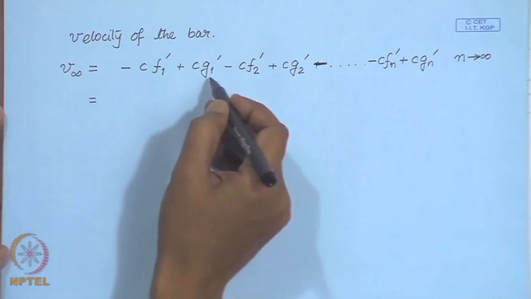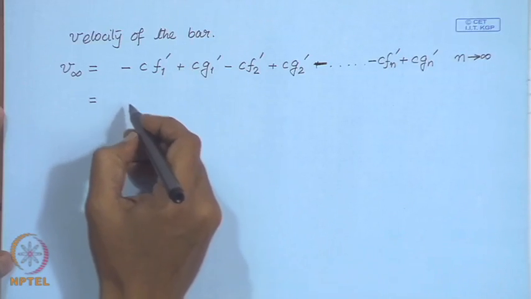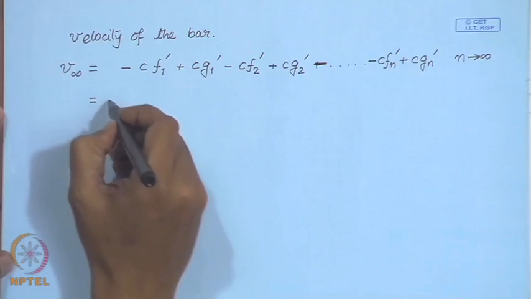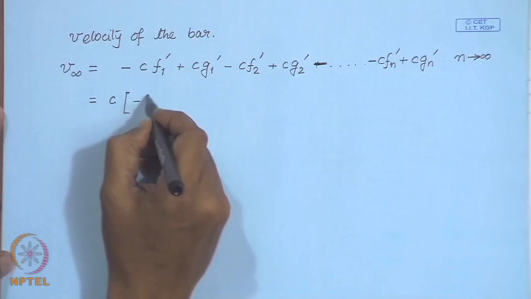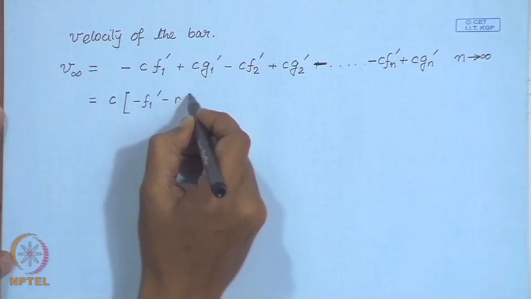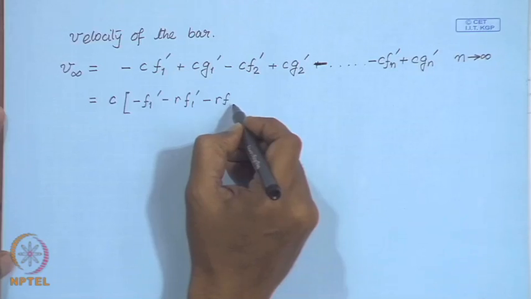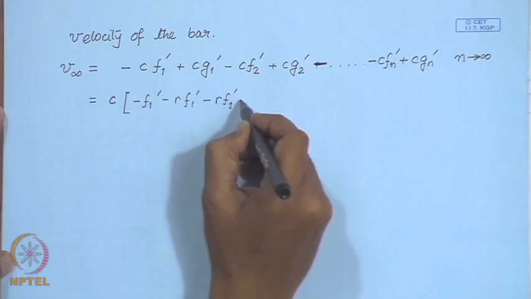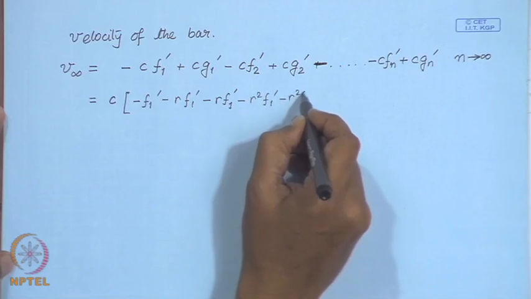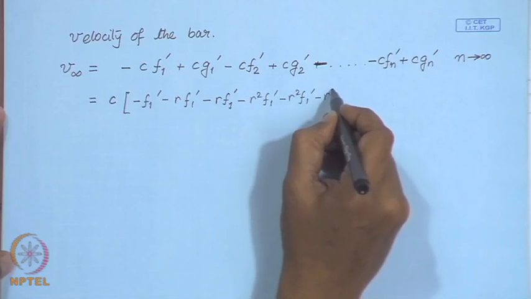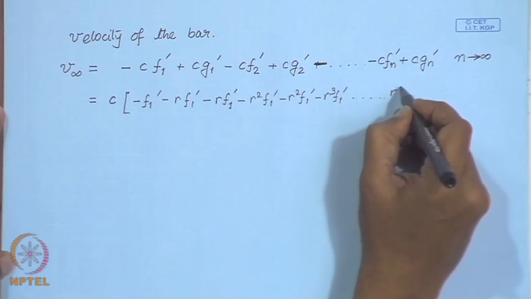If you now use the recursion relations that we have just discussed, then this turns out to be this, and this goes on.